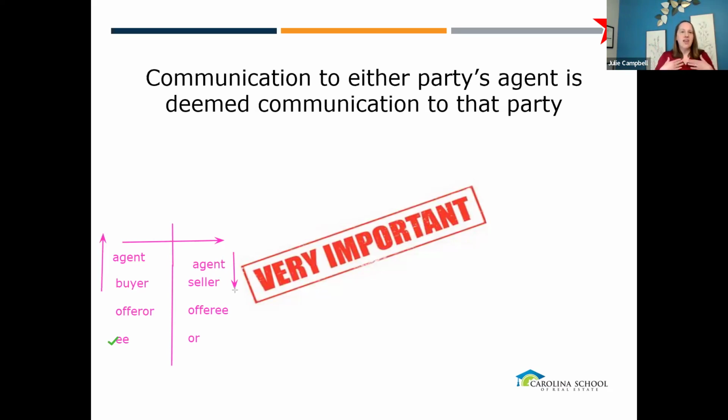Because communicating to us, this is negotiations, guys. Communicating to us is just as good as communicating to the party. What I need you guys to see is that moment that the last offeree accepts, and then that moment that communication of acceptance crosses the line. And this is where I think you need to draw it out. Like I said, you get scratch paper for both of your exams.